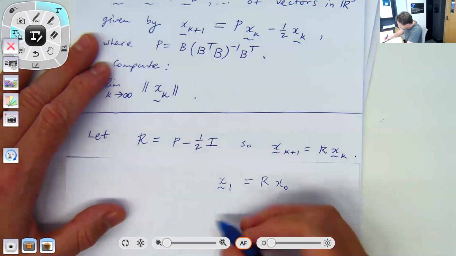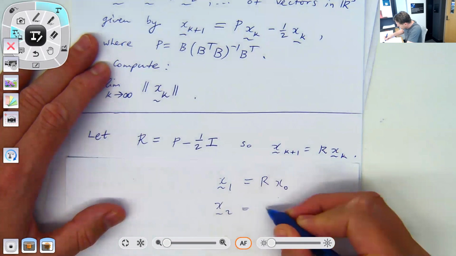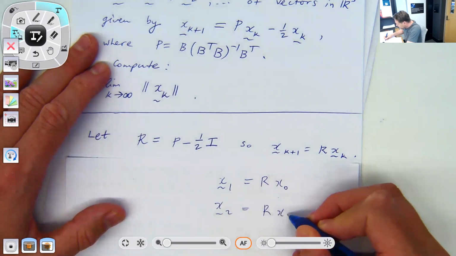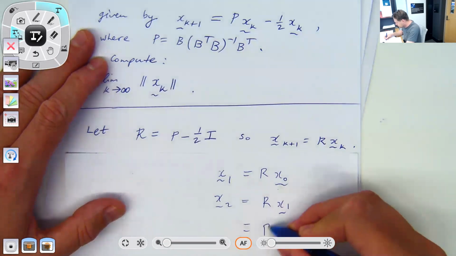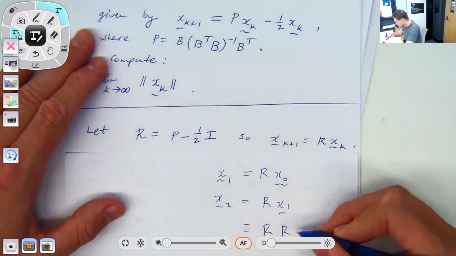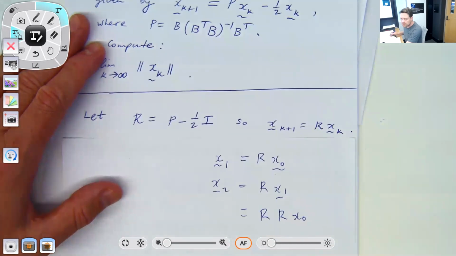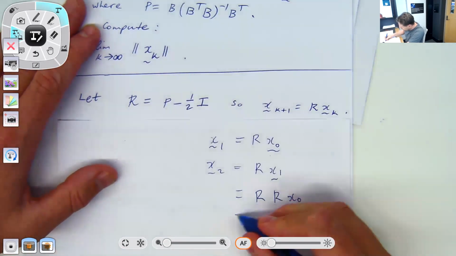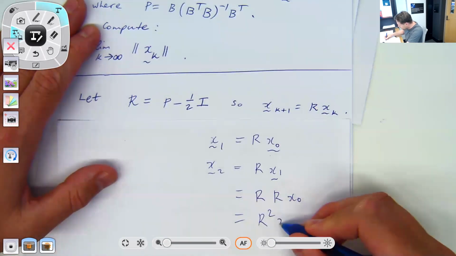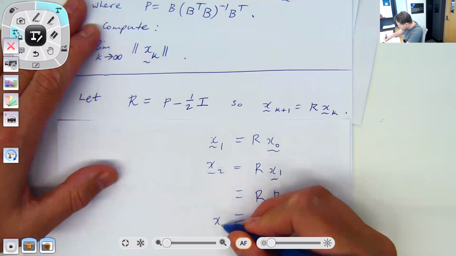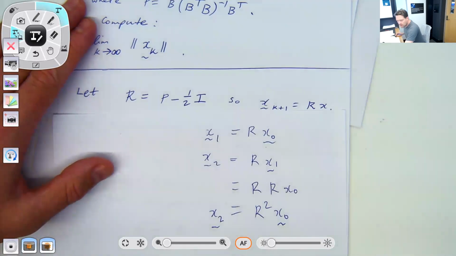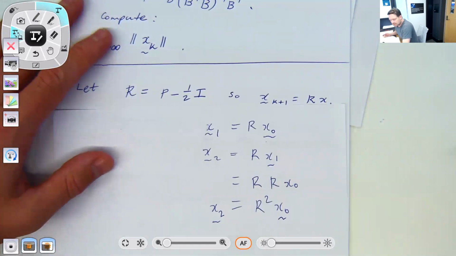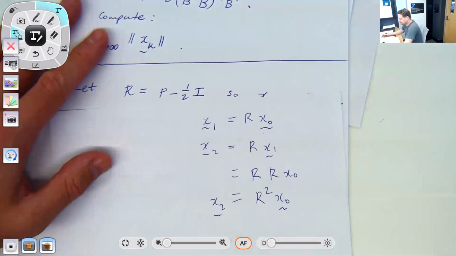And then x2 is R times x1, but x1 is R times x0. So you get the idea here, right? You can express that as R squared x0. And so here we see x subscript 2 is R squared x subscript 0.